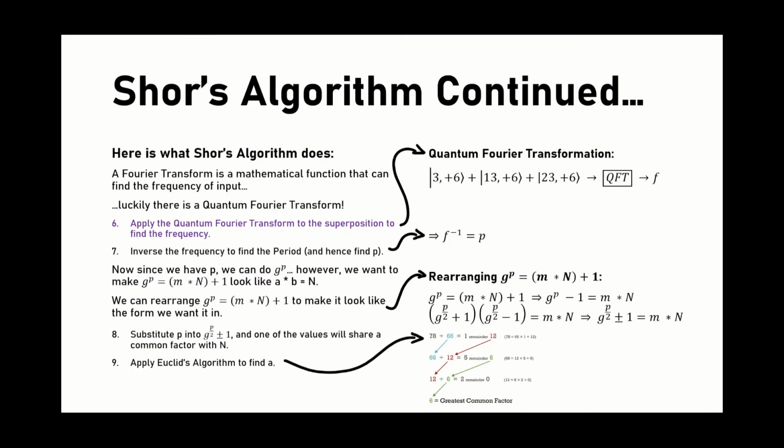Now Euclid's algorithm can find us the greatest common factor between our calculated value and n. And using that, we'll get us our other prime factor for n. And therefore we have successfully found the prime factors of n using Shor's algorithm.